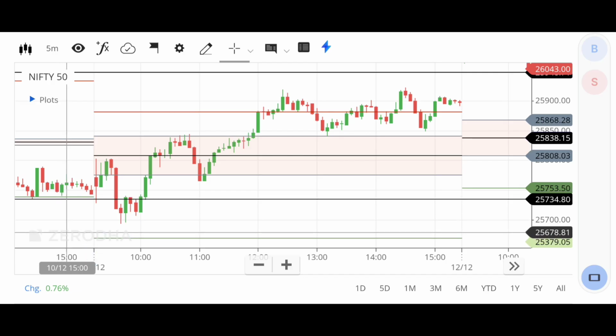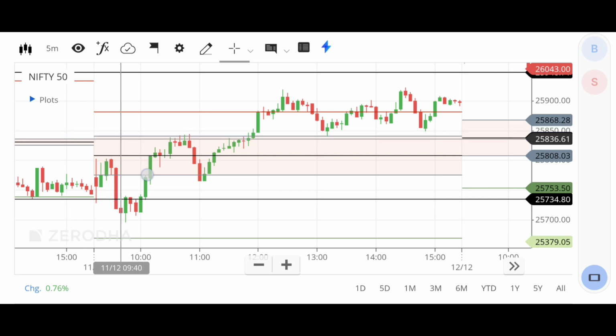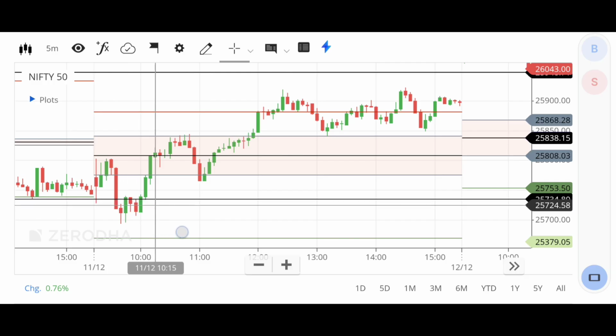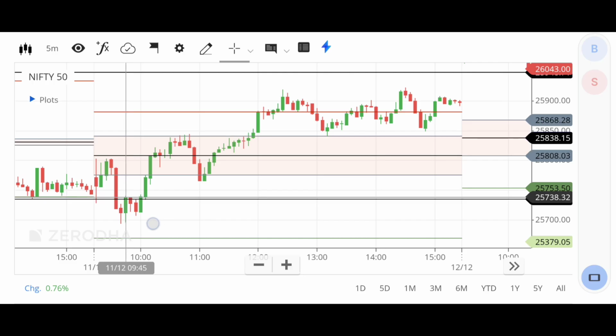But the market is not like what we are predicting. So it again moved back and broke the previous day low from below to above and hit the stop loss here itself. You can see at 9:45 itself, it broke the previous day low. So it's a stop loss triggering trade.